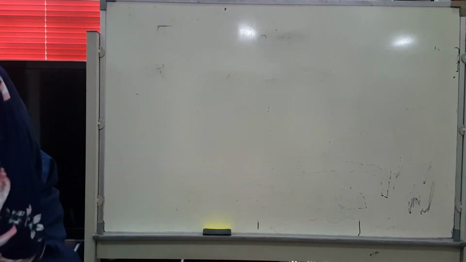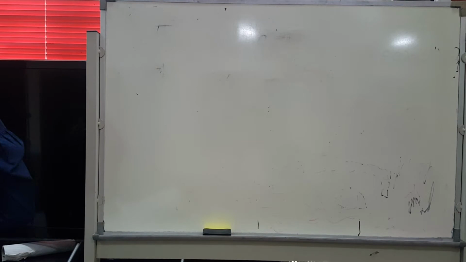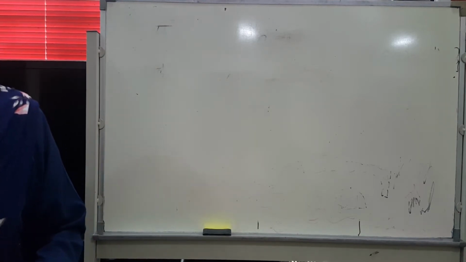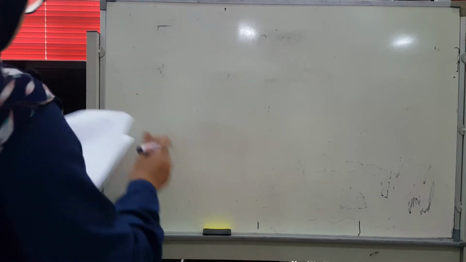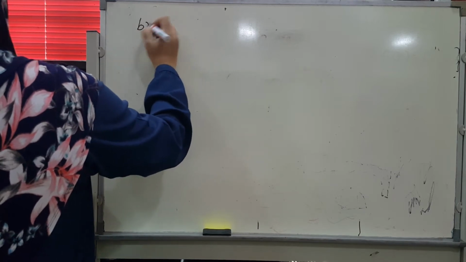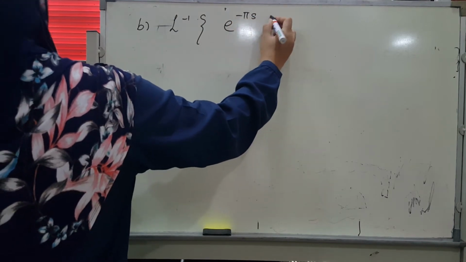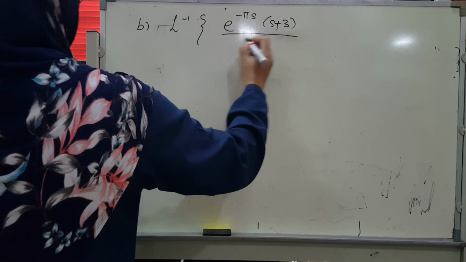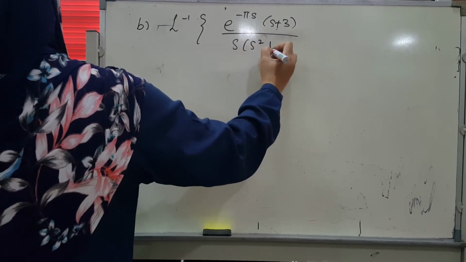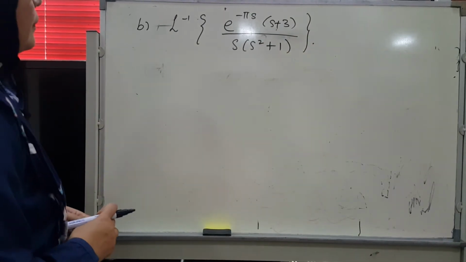The next example is B: Laplace inverse of e to the negative pi s times (s plus 3) divided by (s squared plus 1). Okay.